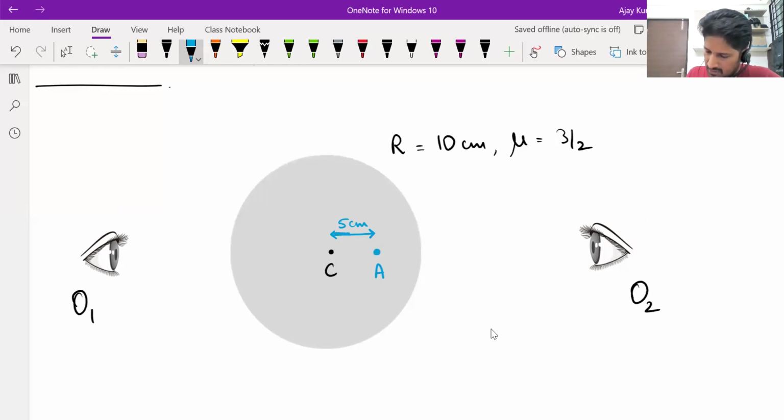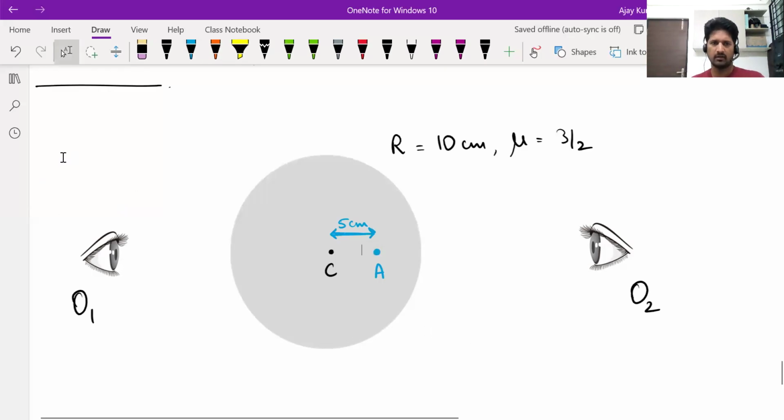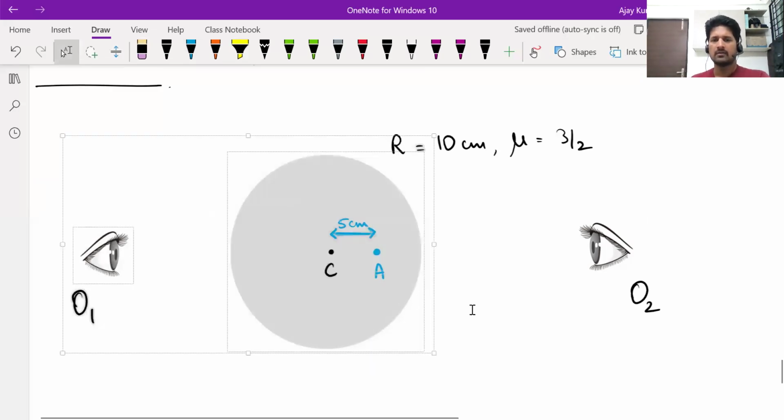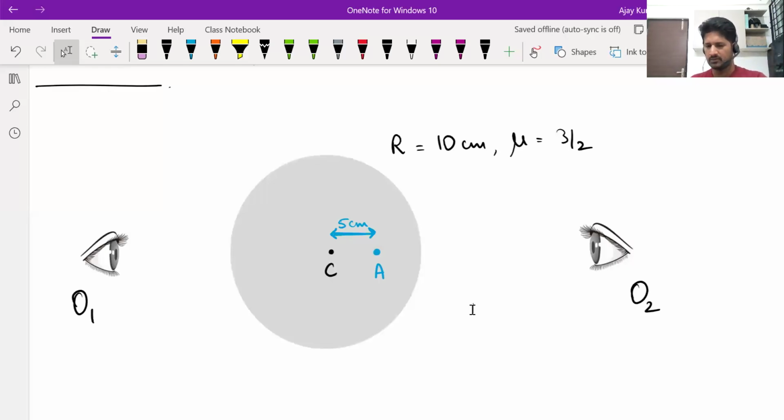It'll be better if you can first draw the rays roughly and get a feel of whether it appears closer or farther. Let's consider O1. Draw the rays roughly and tell me, when seen from the left side, will it appear to be closer than 15 centimeters or farther?